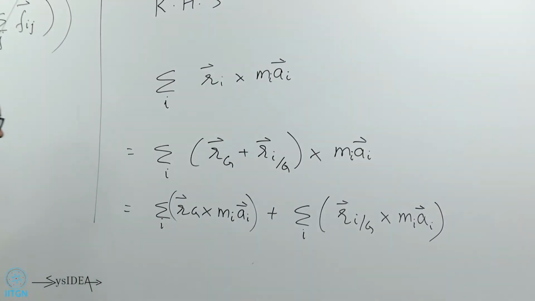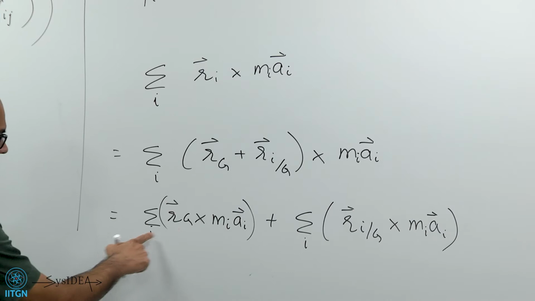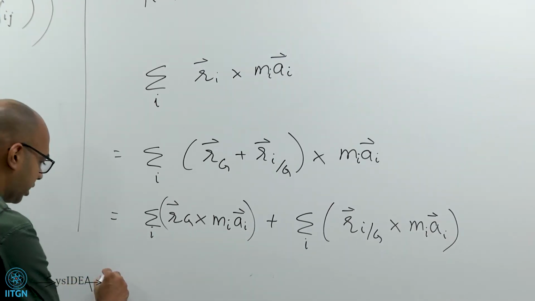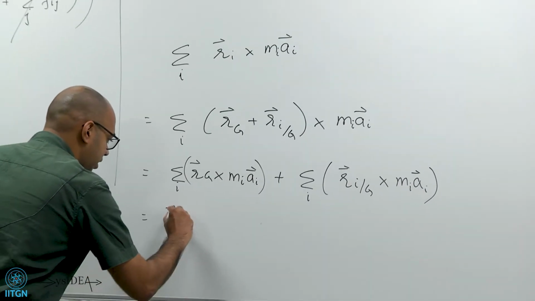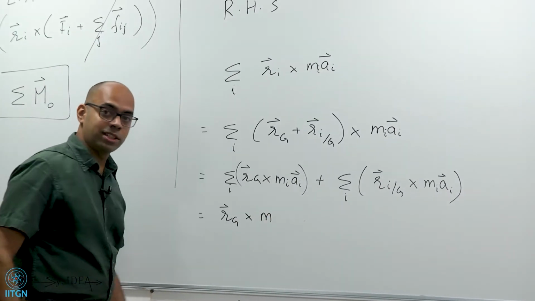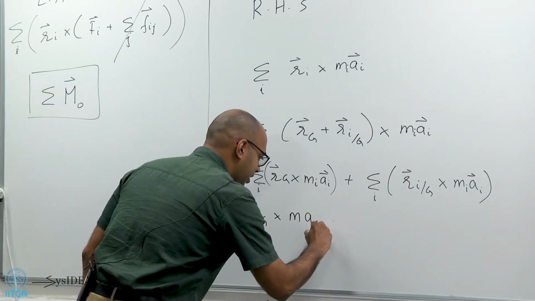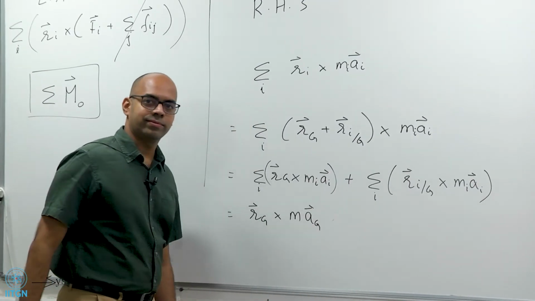And it should be obvious that I can take the i summation to the second term here, and that is nothing but the total mass of the system of particles, so m times acceleration of center of gravity.